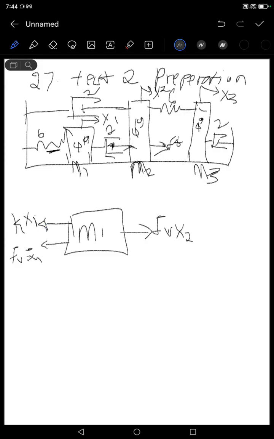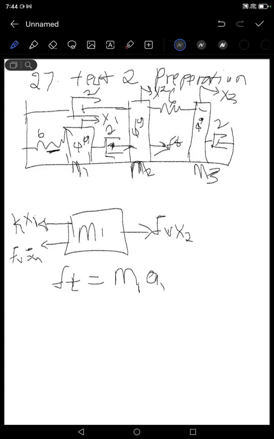Okay, so from here we can do the equation of motion. So what we do, we're going to write the sum of F equals ma. So it's all forces equals to mass, M1 here, A1. So we're going to add all the forces. Remember the left forces, we take them with a negative sign, and the right ones with a positive sign.